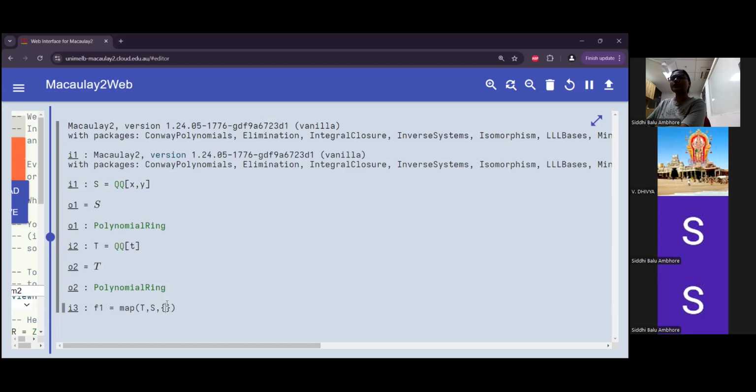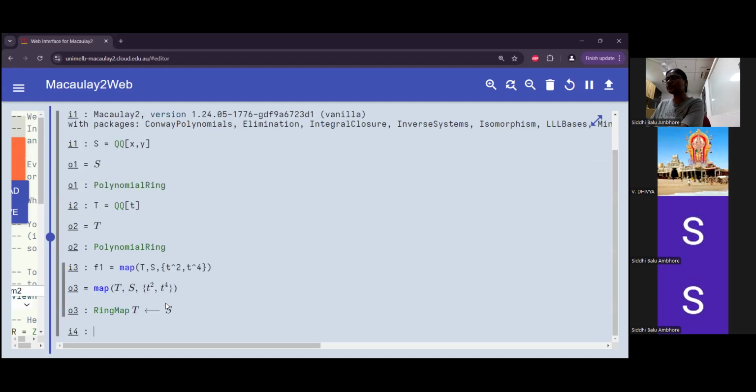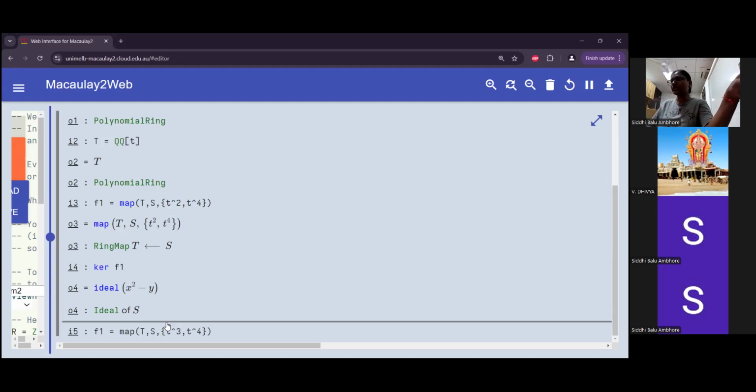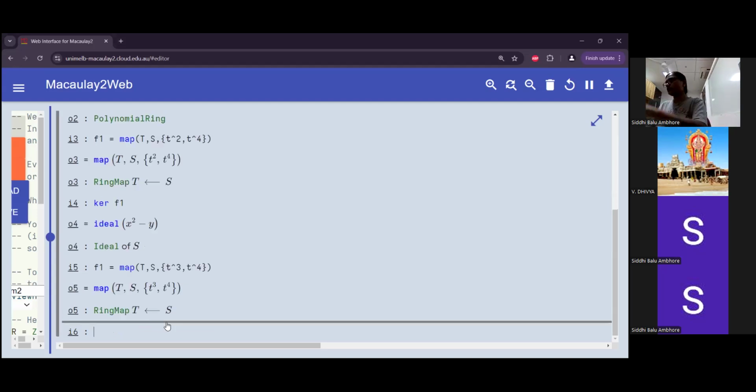So in our case, x was going to t^2 and y was going to t^4. Okay, so this is the map defined. And now let us check what the kernel of this f1 is. It is x^2 minus y, if you can see. But now I change this to 3 and 4, where the GCD of these two, a and b, is 1. Oh, okay, it doesn't matter.